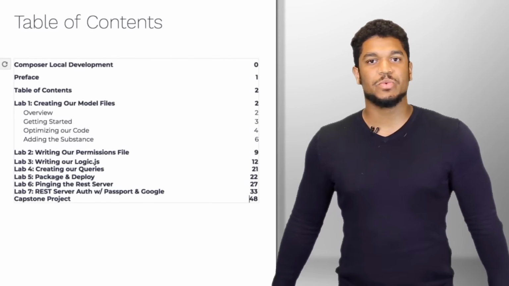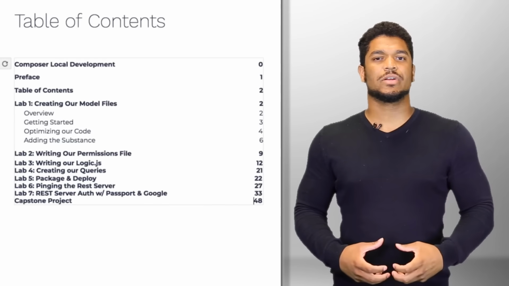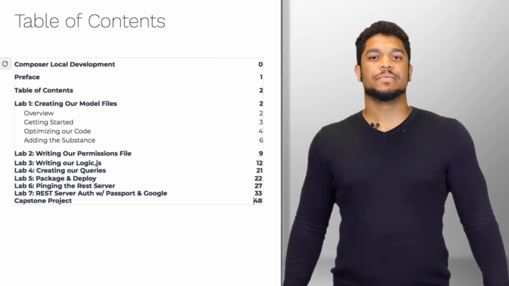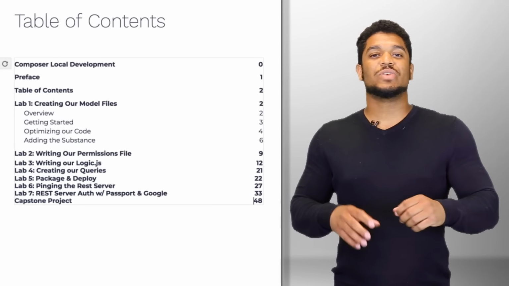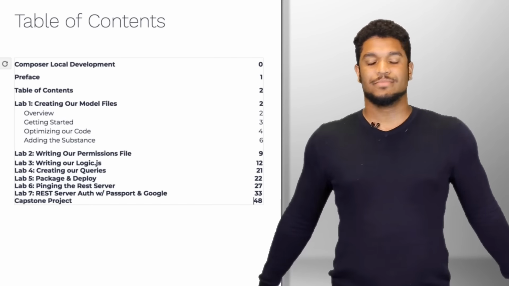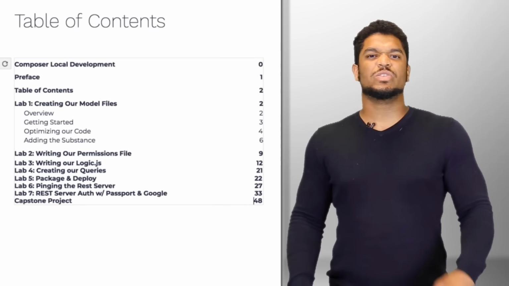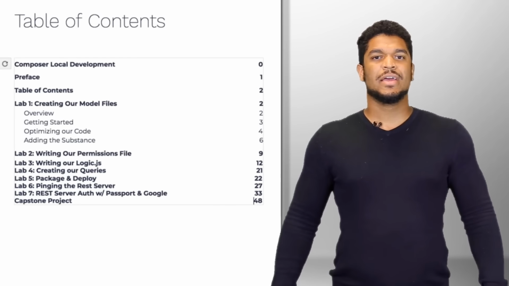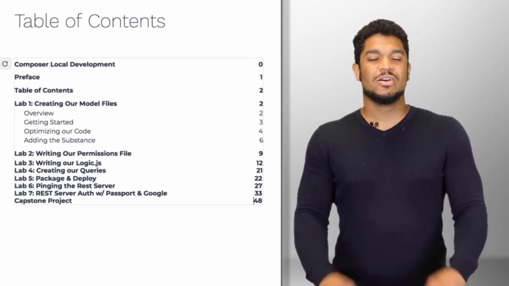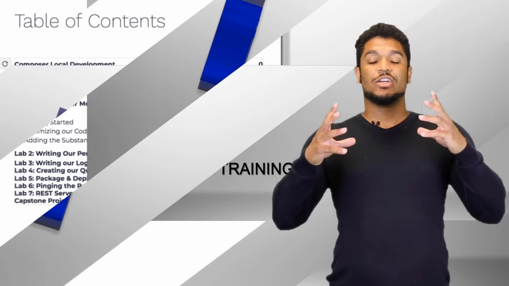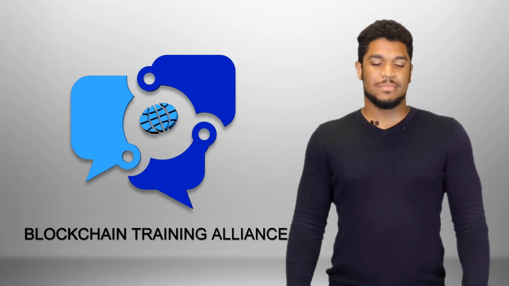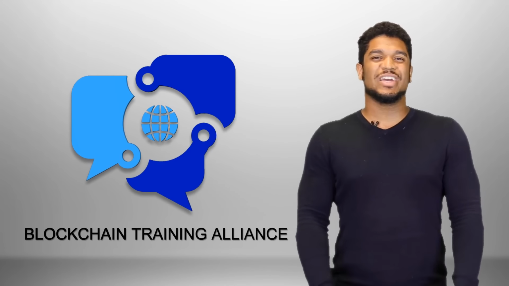We don't stop there. We teach you how to package up the business network and deploy it to a REST server. And then we teach you how to secure it using OAuth. And at the very end, we tell you to throw everything away, and we give you a capstone project on how to create a business network from scratch. So if you're interested, go ahead and click the button below.